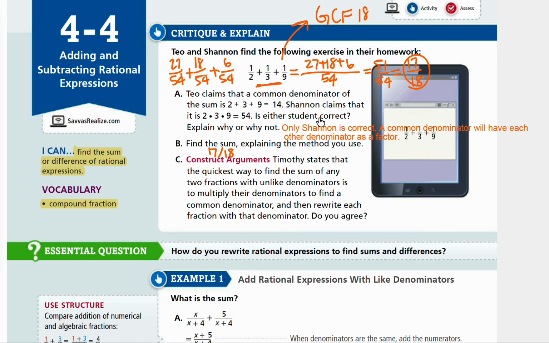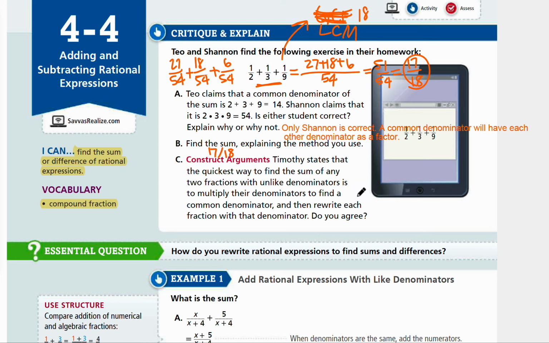Is that the quickest way? Just like we just talked about, no, you have to find the greatest common factor. No, wait, not greatest common factor. LCM, least common denominator. Yeah, because you're finding the multiples of them, not the greatest common factor.